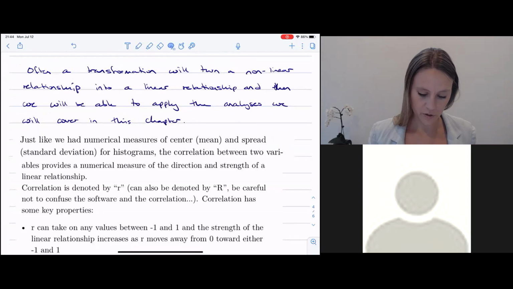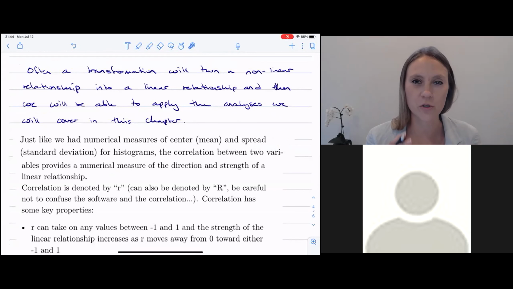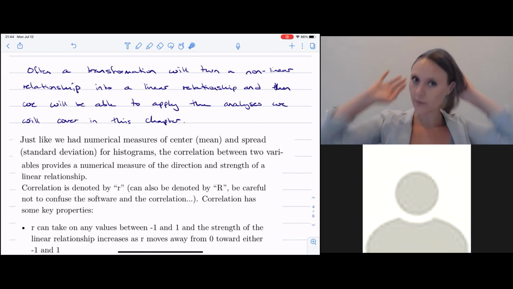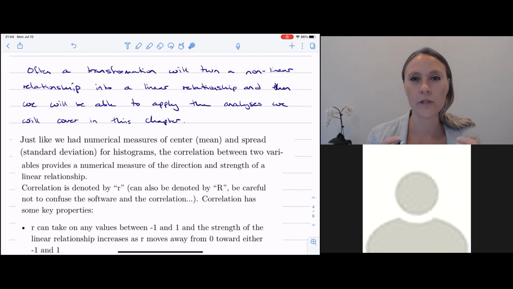Think back to when we were describing the distribution of a histogram. When we're just describing it, we eyeball it: where's the center, what's the spread?